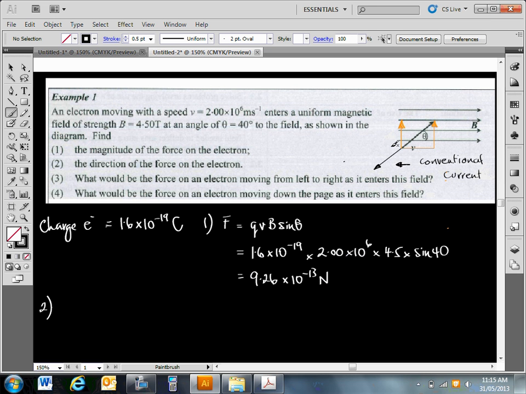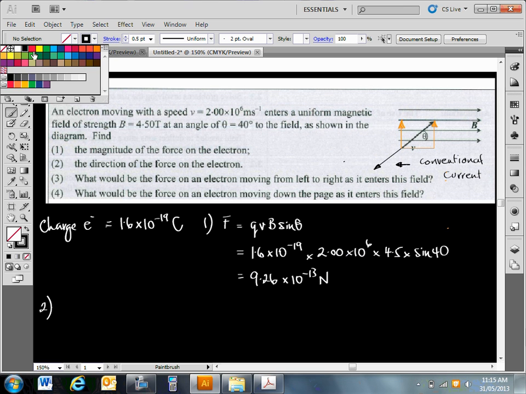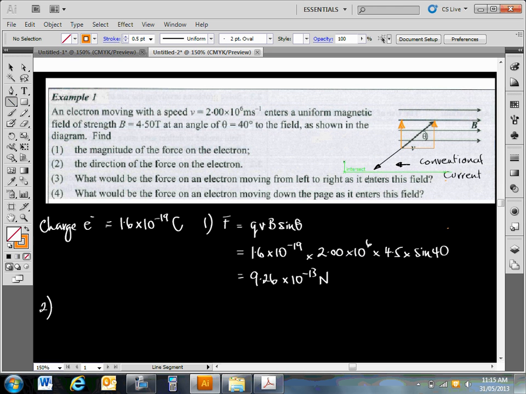Okay, so this one now has a component that is perpendicular to the magnetic field. I'll draw that in here. There it is. It actually goes opposite the one that I drew, but it's still perpendicular to the magnetic field. So I'll draw its arrow on it. This is the one that we're interested in, that direction.